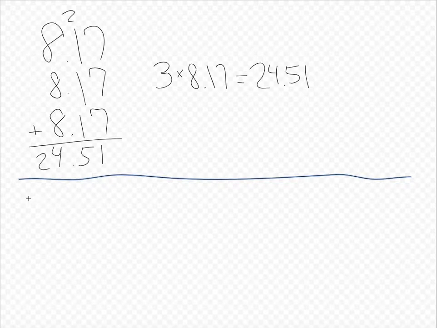And then finally, I wanted to do connecting it to fractions. So in the past, you were supposed to have done fraction multiplication. The idea behind it is if I have, let's say, 3/10 times, let's pick 7/100ths.